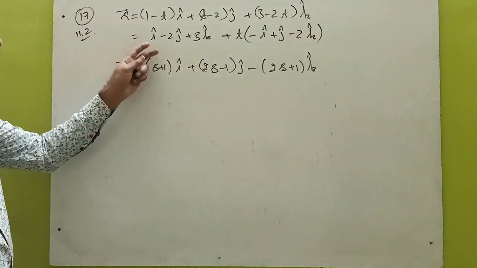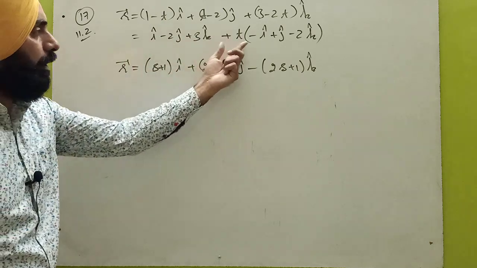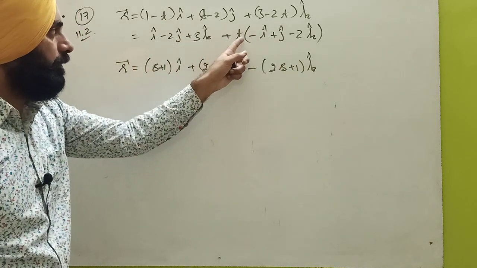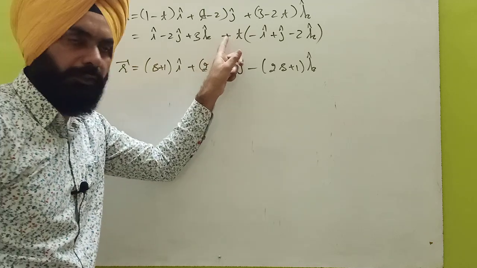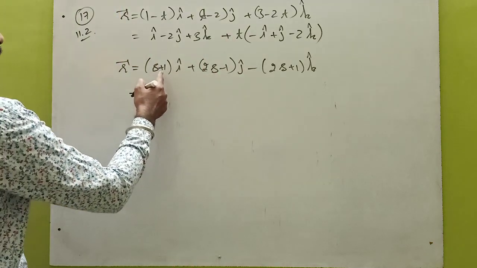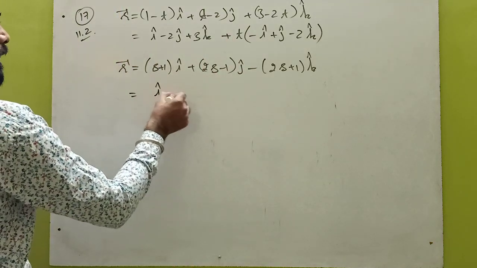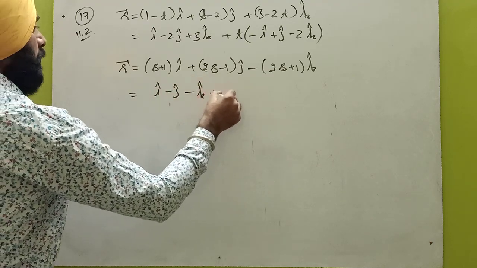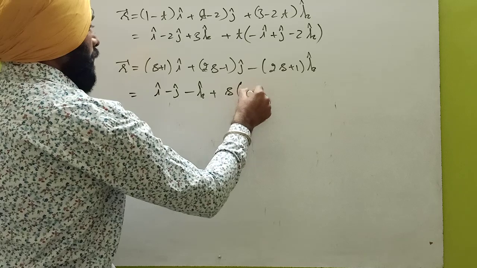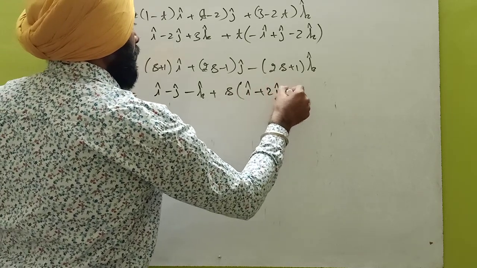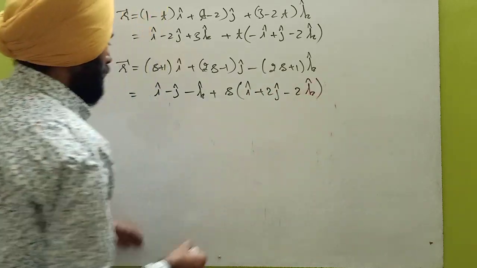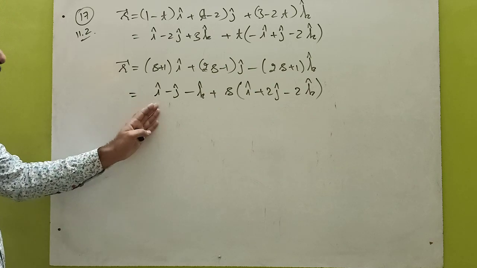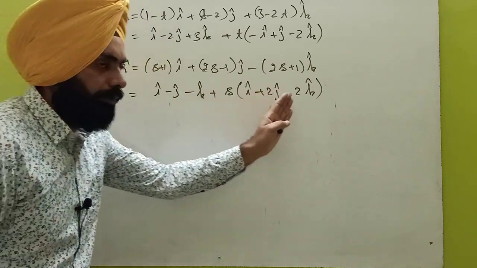So which is a proper form, that is a vector plus lambda times b vector. In this case, lambda is replaced by t. Similarly, in the second line, the terms without s are i cap - j - k cap plus, take s common, i cap + 2j cap - 2k cap. So which is in the proper form, a vector plus mu times b vector.